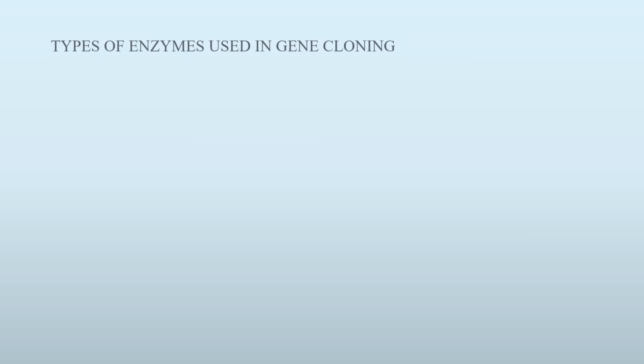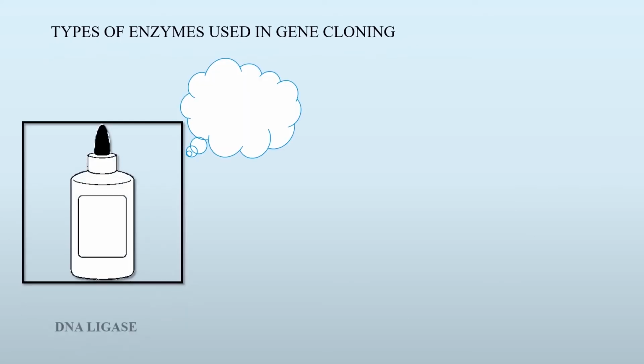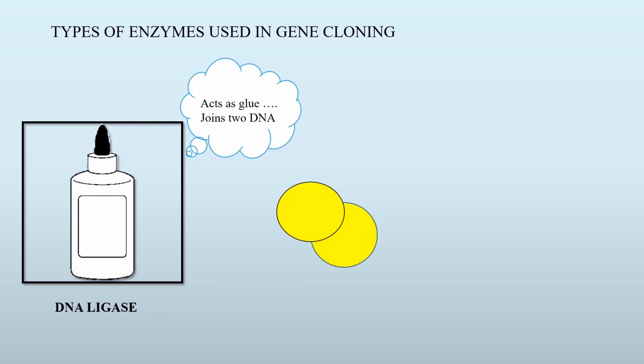Types of enzymes used in gene cloning. DNA ligase. J.E. Merz and R.W. Davis demonstrated that the cohesive ends of the DNA molecule are sealed by DNA ligase, which leads to the formation of rDNA. Reverse transcriptase.